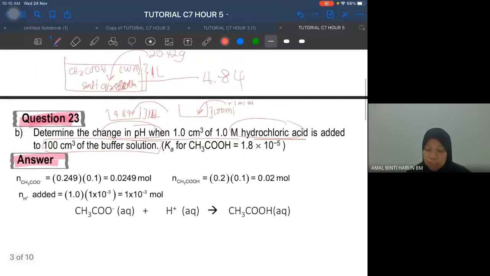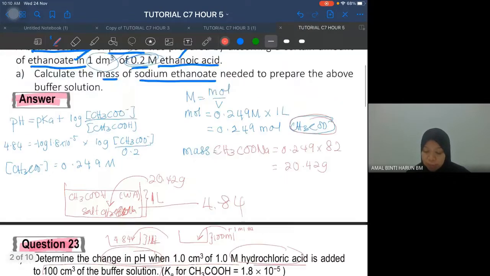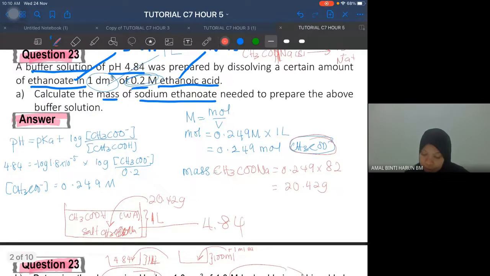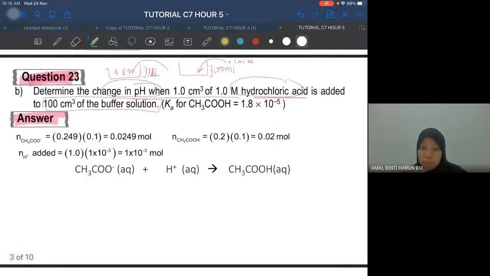Just now, the number of mole of acid and salt that we got, where is the number of mole? This one. So this number of mole is the mole of salt present in 1 liter of buffer. But we take out 100 ml of the original buffer, which is 100 centimeter cubed.